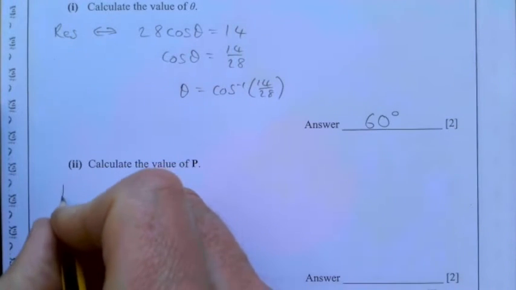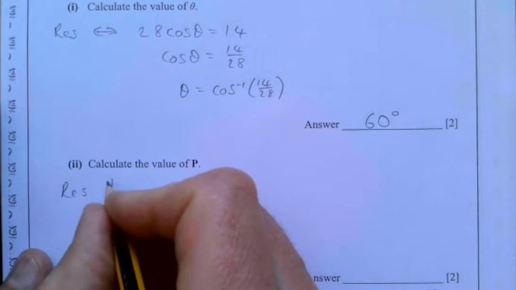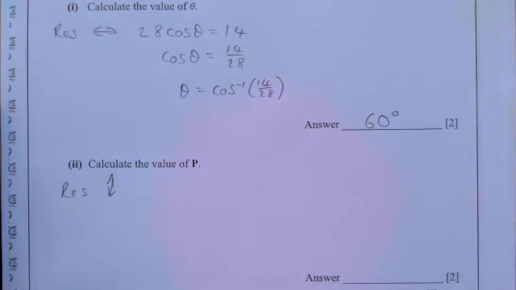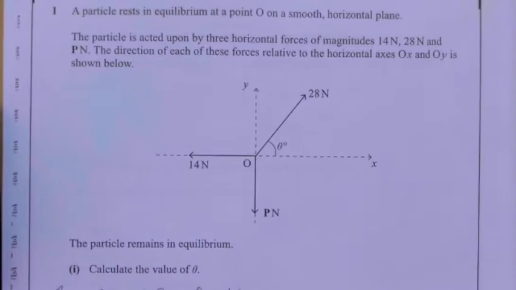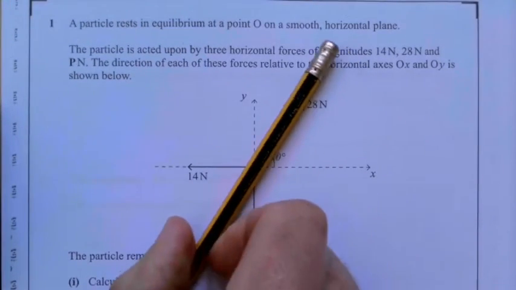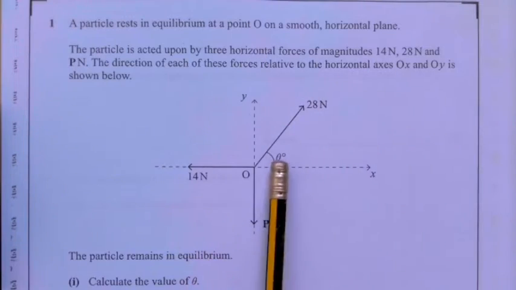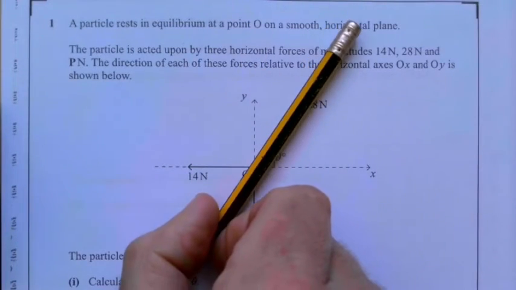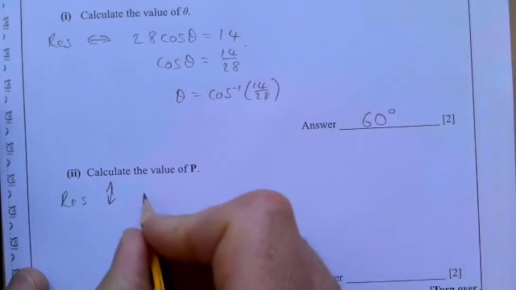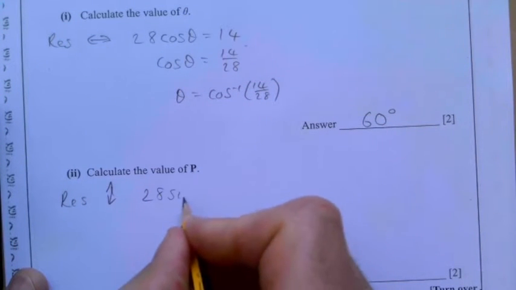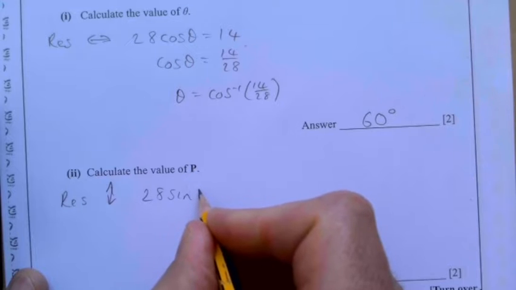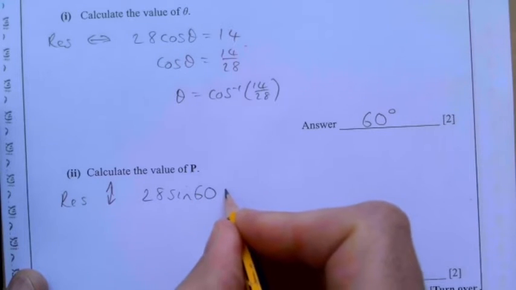Calculate the value of P. To do that, we're going to resolve up and down. Again, everything going up equals everything going down. Here, the 28, we're going to resolve this way, so we're not going across the angle here. So it's going to be sine, so 28 sine theta. We know theta, of course, so sine 60.